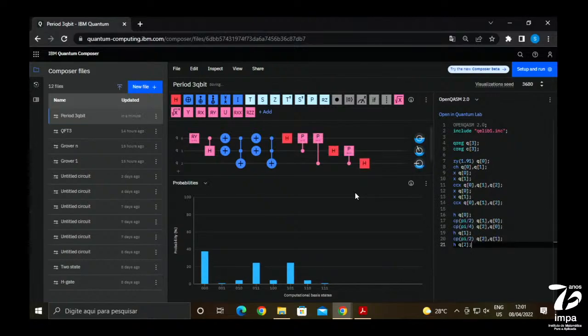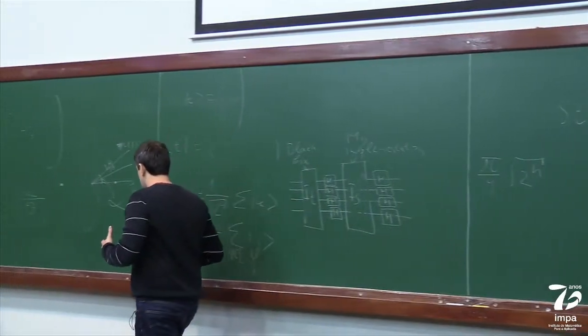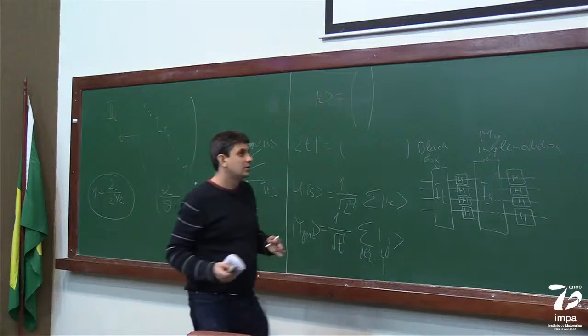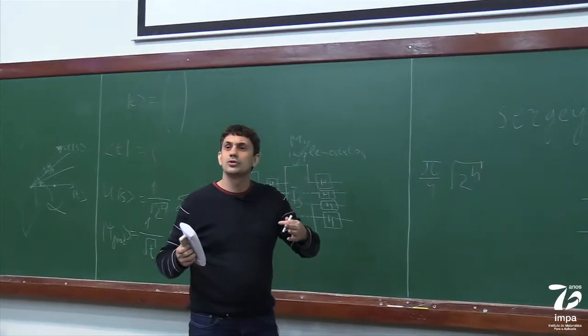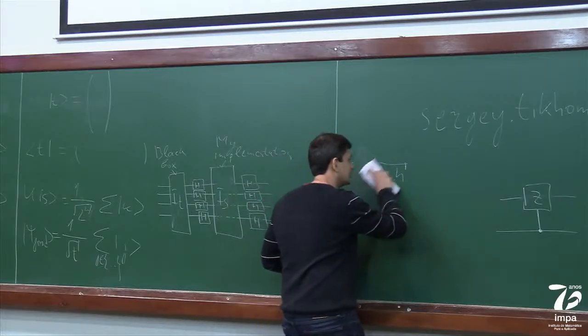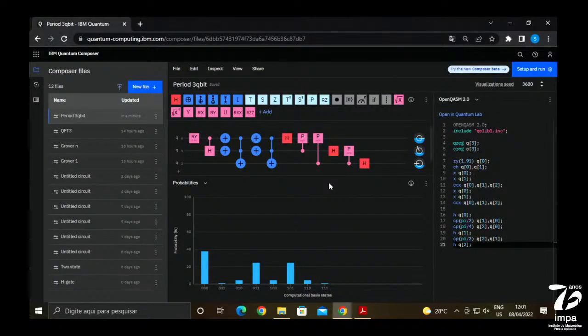So we see 3 peaks here. Theoretically, in a perfect world, what is happening is that, assume that we work not only with sequences of length 2 to the power n, but of arbitrary lengths.